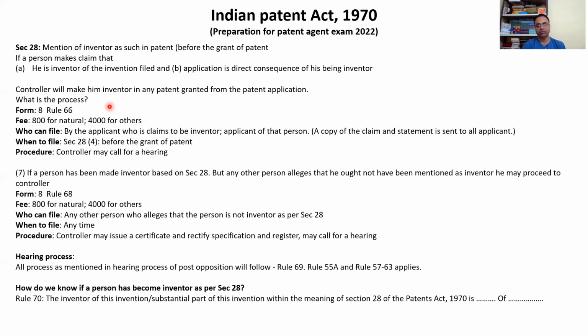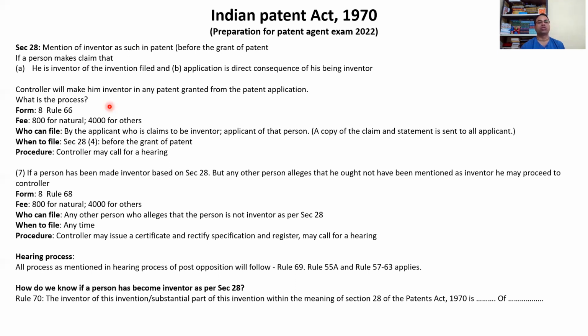Sub-section 7 says that if a person has been made inventor based on section 28, but any other person alleges that he ought not to be mentioned as inventor, he may proceed to the controller. It means there are 5 inventors already, and the 6th one says that I need to be an inventor, but another person thinks that no, he is not an inventor, he has not contributed anything.